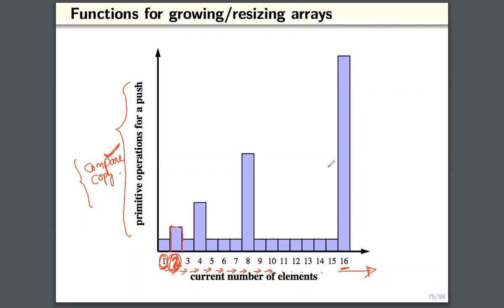But if you look at it, whenever you are doubling, the time taken to copy all these elements, here it is 8. Here it is 4. Here it is 2. Here it is 16. Make sense?